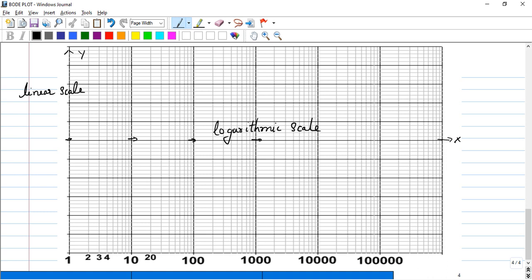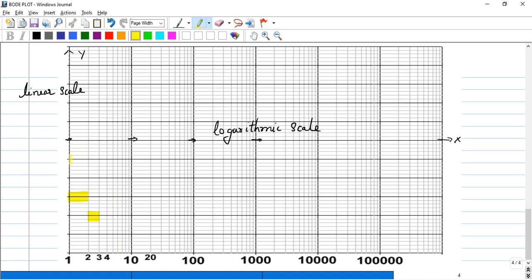And the interesting part here is that the distance between 1 and 2 will be greater than between 2 and 3. And 3 and 4 is a little bit less than 2 and 3. From 1 to 10 we have a total of 10 divisions.